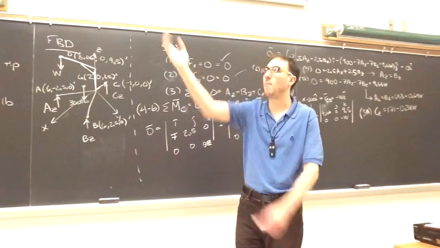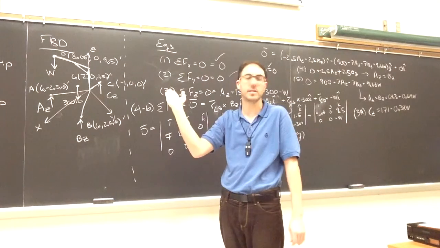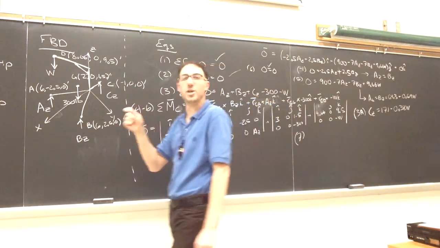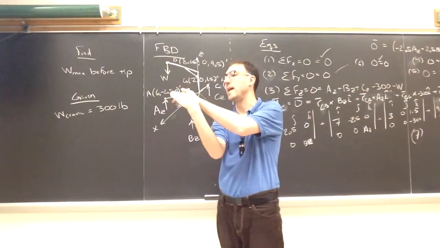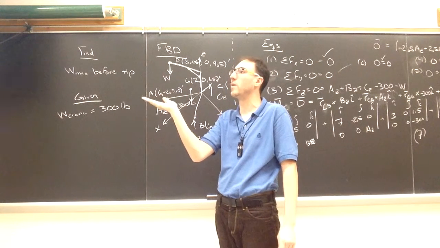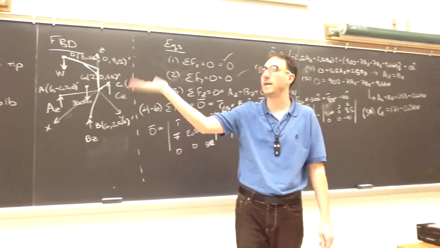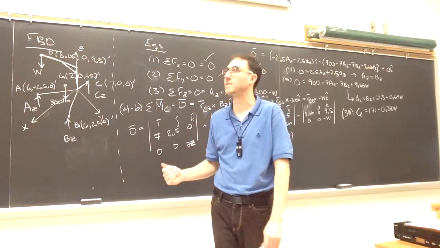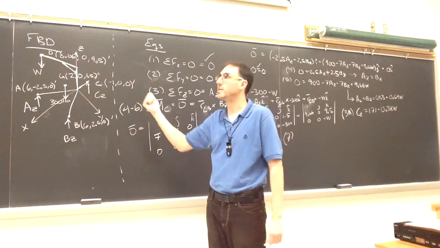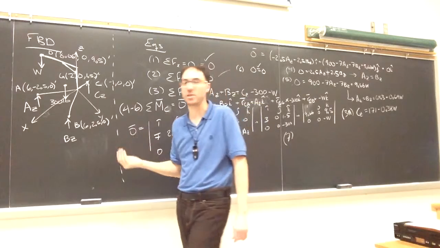Right, as we put more and more weight on, less and less contact force should be between C and the ground. So when it's just about to tip, the normal force goes to 0 between the wheel and the ground, and we would expect it to tip over that AB axis. If W were 0, we'd get some positive value for CZ, it's just the normal force.